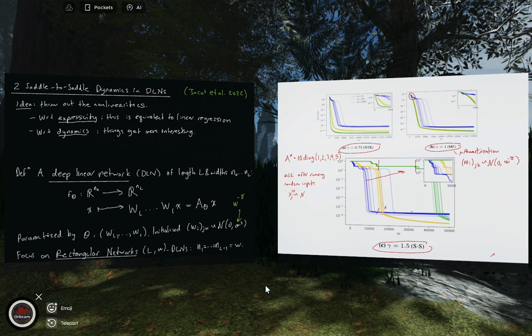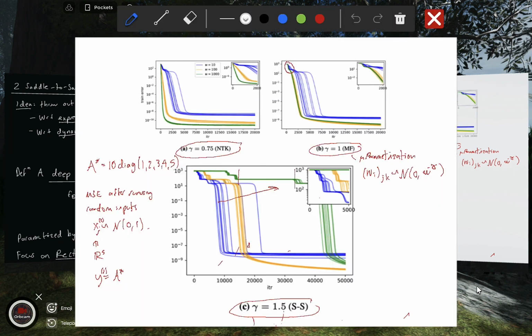You have 100 samples indexed by i, and the jth components are all in R^5, sampled from this. N1 through N(L-1) is W, and in this case, N0 and NL are 5. Then y_i equals A star x_i, also in R^5. So you come up with predictions, and you try to get them as close as possible to this y.